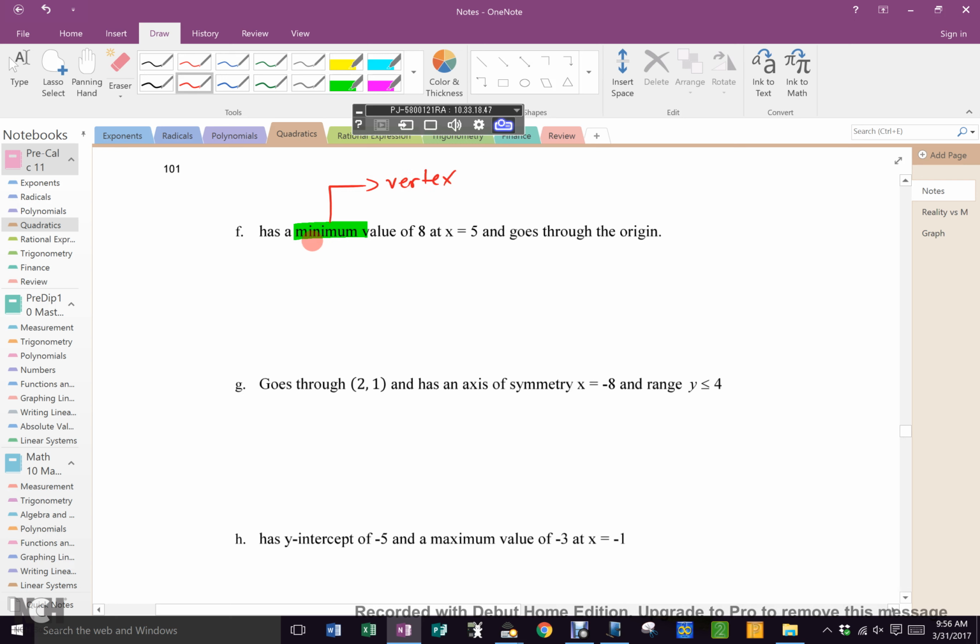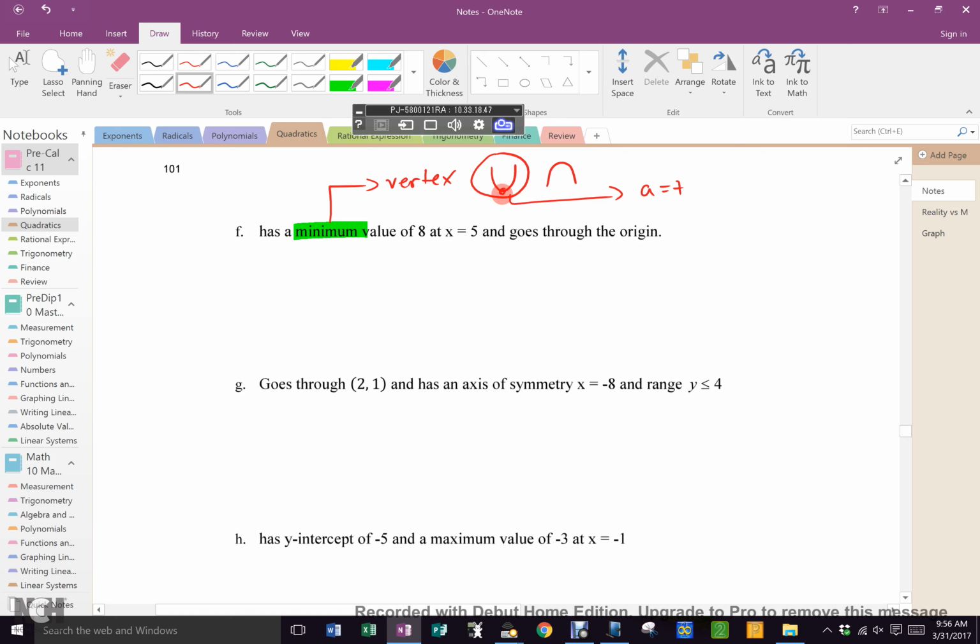But if it's a minimum, is it that or that? It's that one. So what does that mean? A is what? Positive. Agreed? Okay, now, the minimum is 8 at x equals 5.